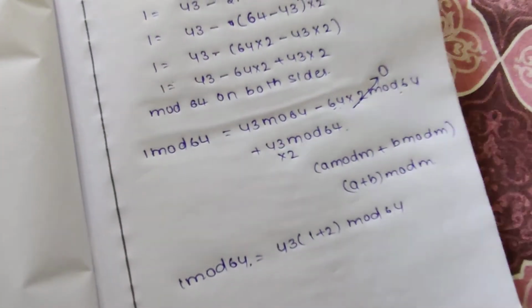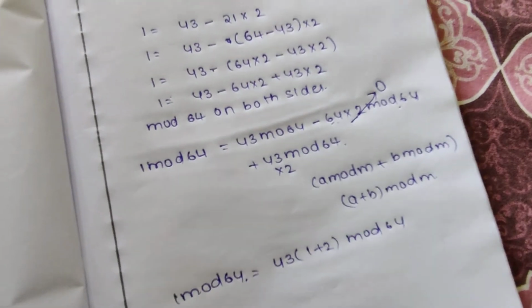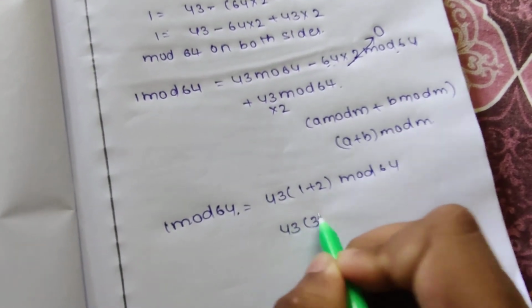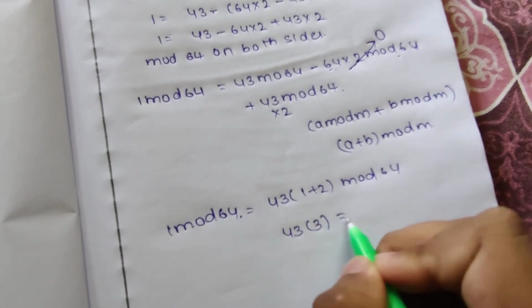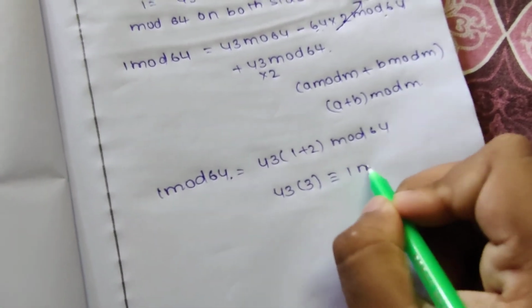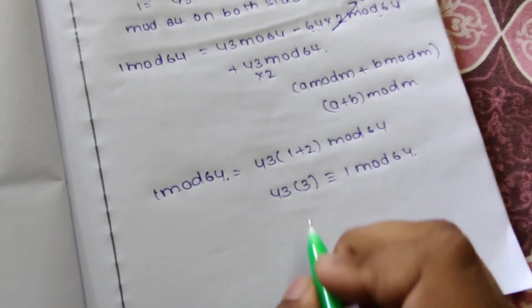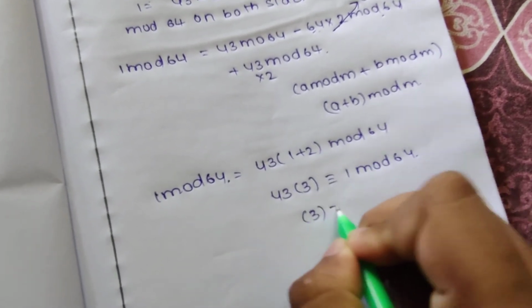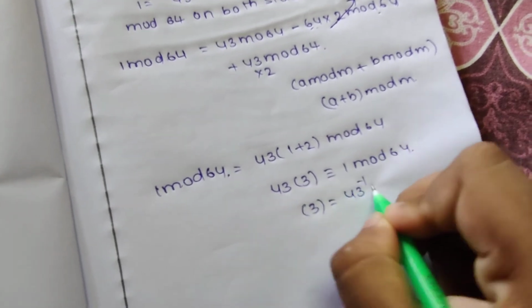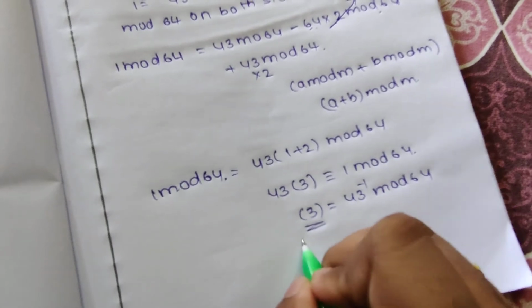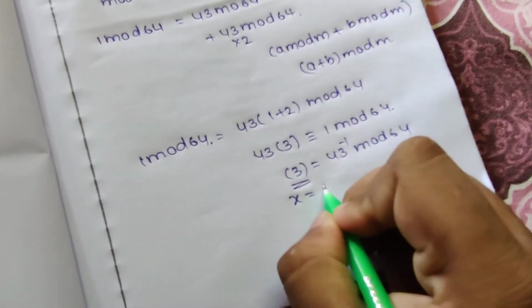Then we can write this as 43 into 3 congruent to 1 mod 64. If we transfer this 43, 3 equals 43 inverse mod 64. We got the x value. The x value is 3.